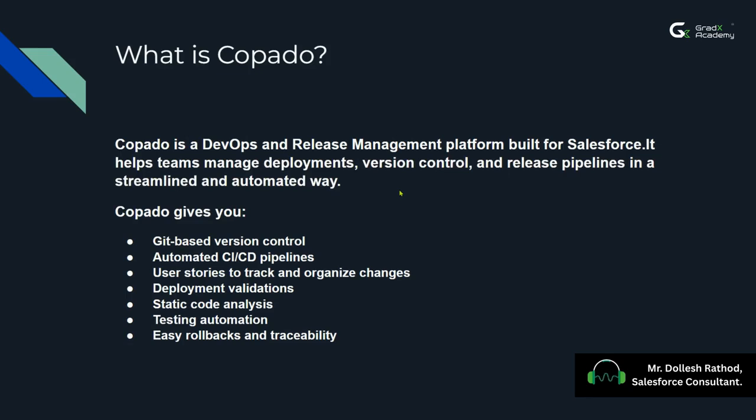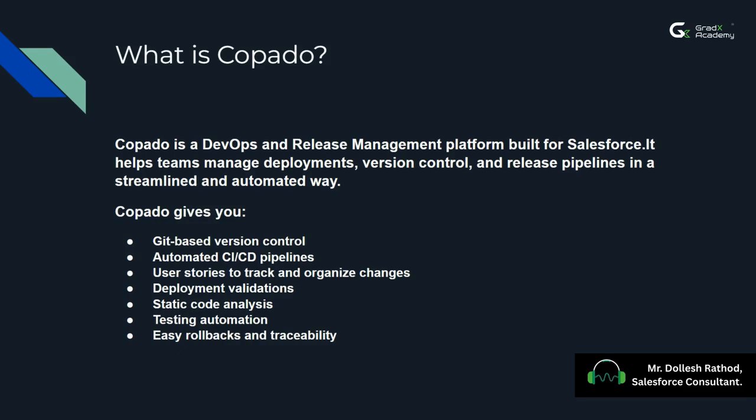What is Copado? Copado is a DevOps and release management platform built for Salesforce. It helps teams manage deployments, version control, and release pipelines in a streamlined and automated way.